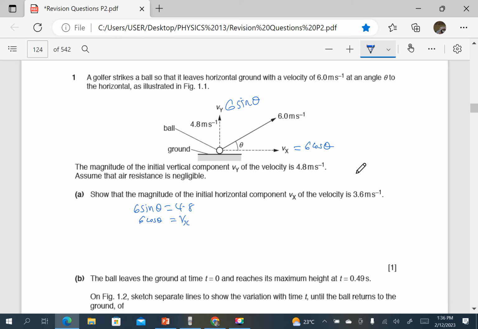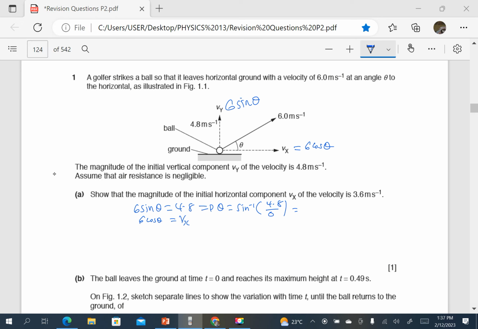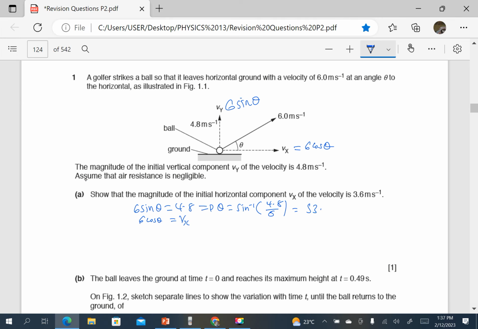So from this one, you notice that theta will be the sine inverse of 4.8 divided by 6, which is 53.1 degrees.